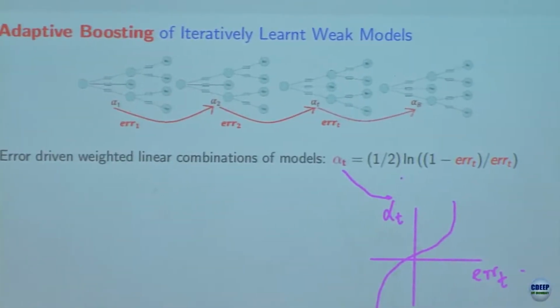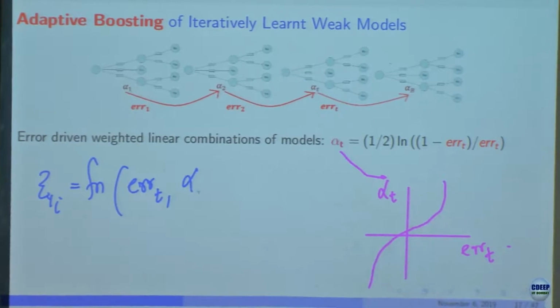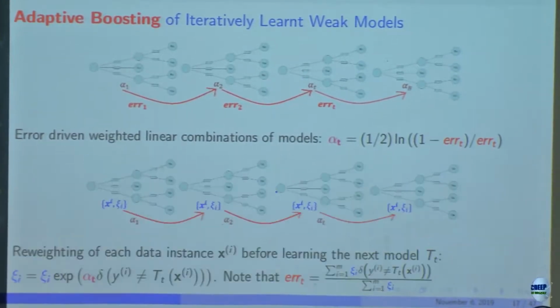Okay, so this makes sense, and xi I expect to be a function of error t and alpha 1 to alpha t. Okay, so this is the form that is adopted in AdaBoost.